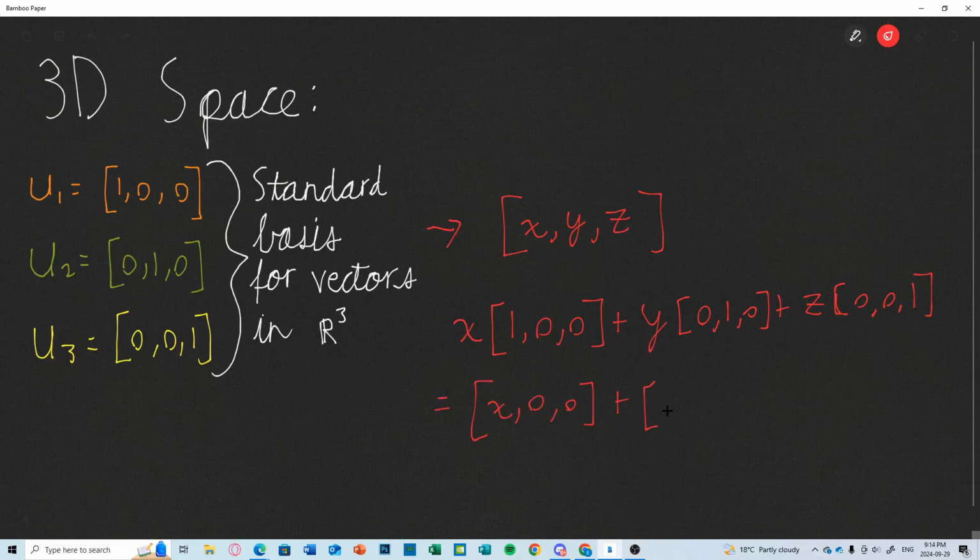Since x, y, z are all real numbers, this is any linear combination of our standard basis, meaning that it spans R3.